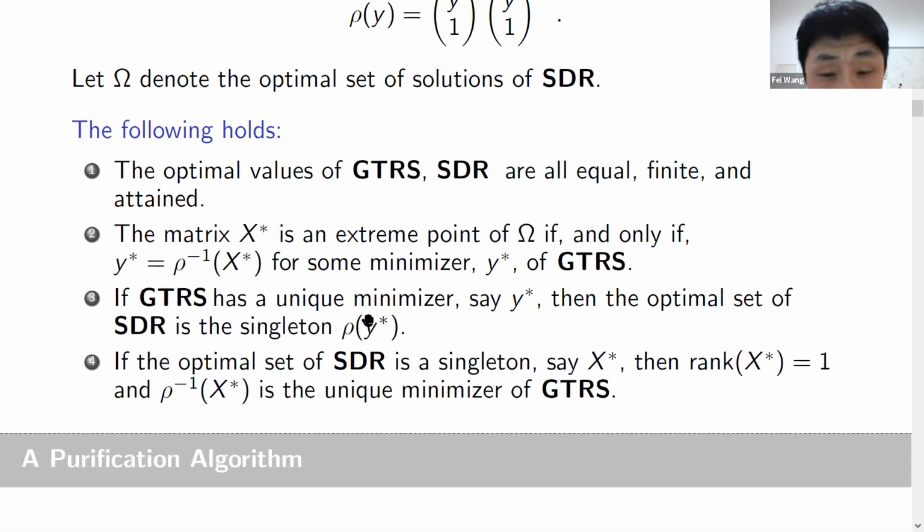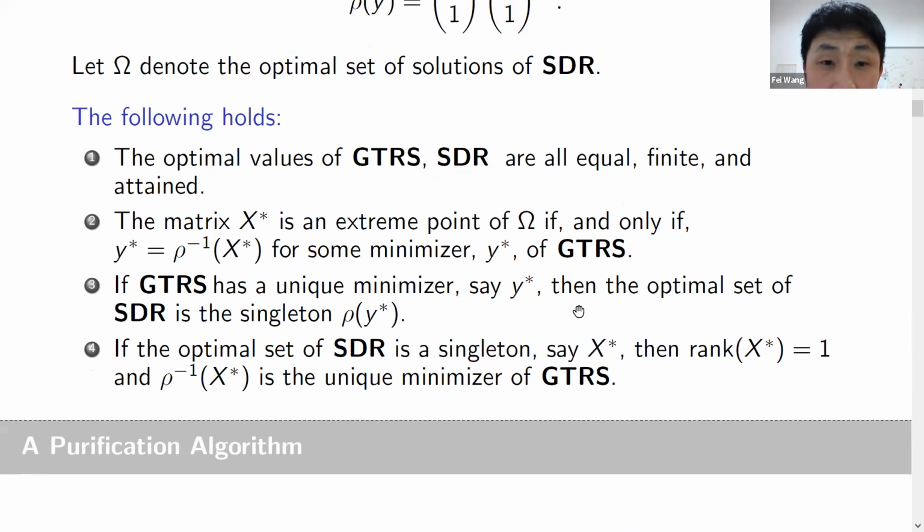In addition, there are 3 and 4. 3 says if the GTRS has a unique minimizer, then the optimum set of SDR is a singleton. And 4 says if the optimum set is a singleton, then the GTRS has a unique minimizer.